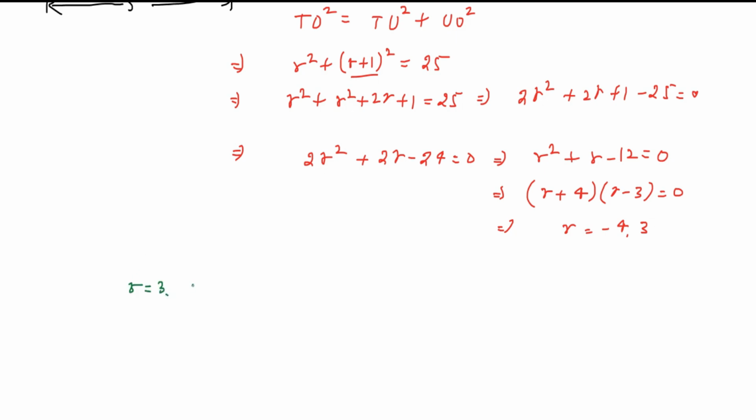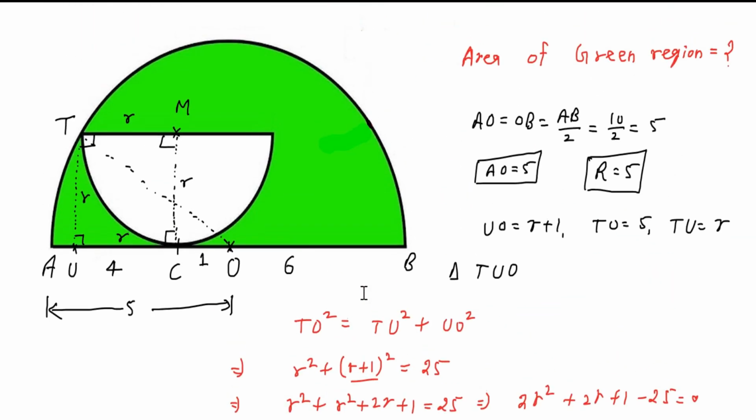And here we also have the radius of the bigger circle, that is 5 units of length. So in this manner we have the radii of both circles, and we have to find the area of this green region. So in order to find the area of this green region, we will be subtracting the area of the smaller semicircle from the area of the bigger semicircle.